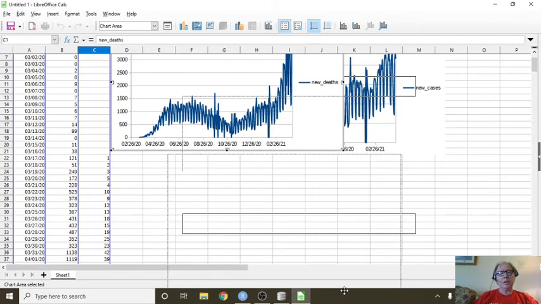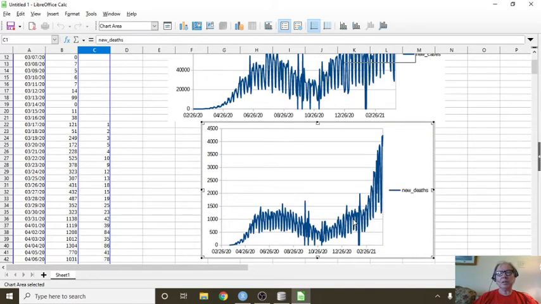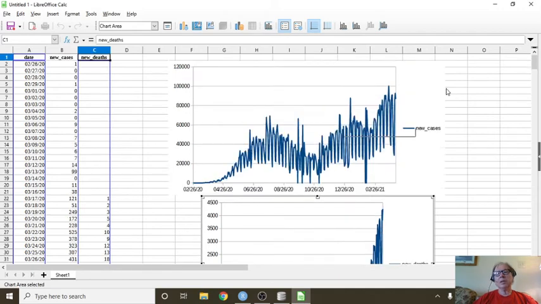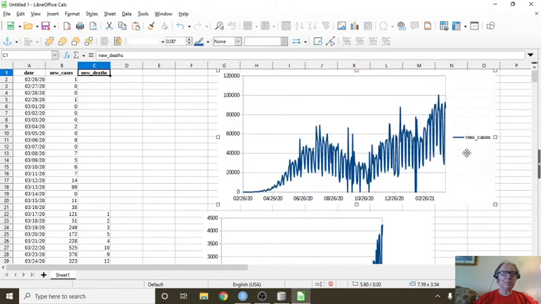Okay, so what can these plots tell us here? Well, one, there's an awful lot of volatility.